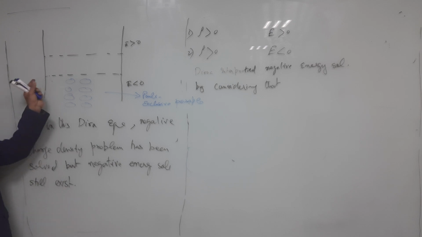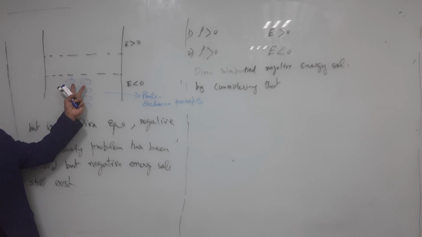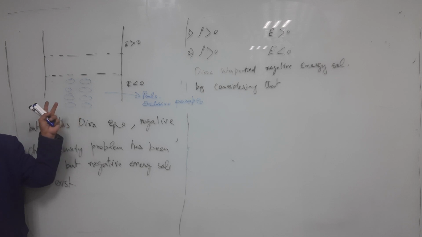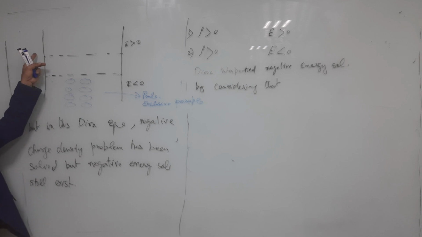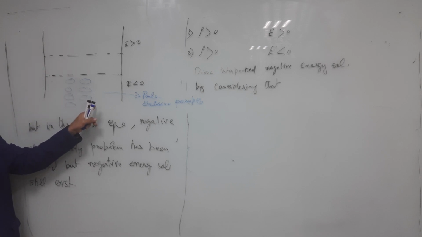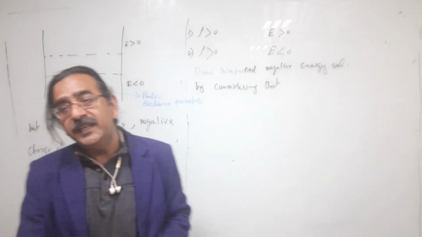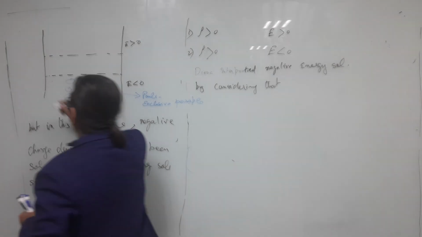But he gives the solution that since these are electrons, the negative vacuum is filled with negative energy electrons, and they follow the Pauli exclusion principle. So no electron can enter into this sea.